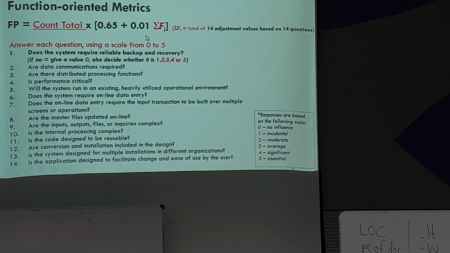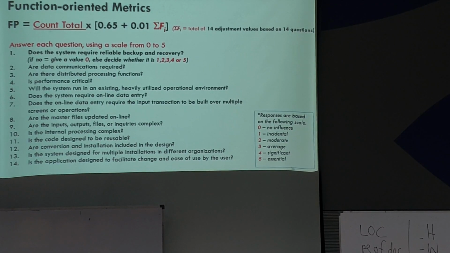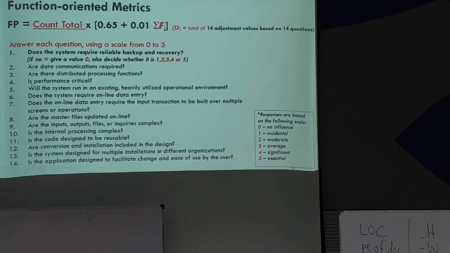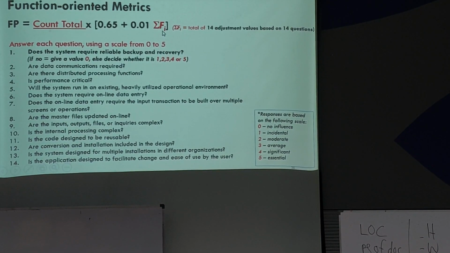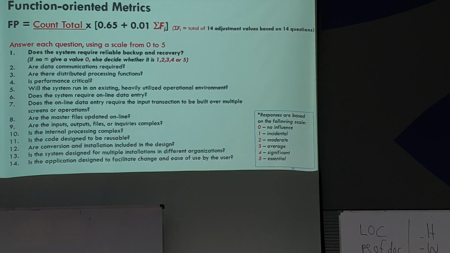That gives summation Fi, so the value is 0 to 70. If all are 0, summation Fi is 0. If all the answers are 5, then summation Fi is 70. So summation Fi ranges from 0 to 70.